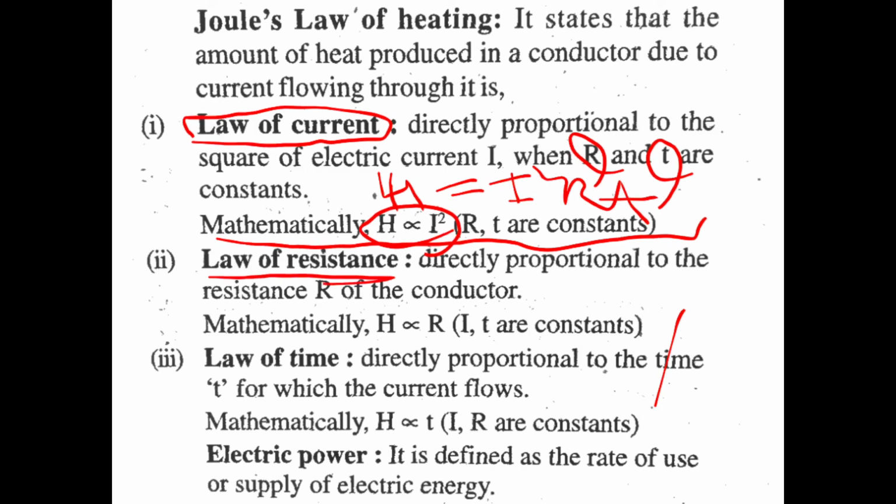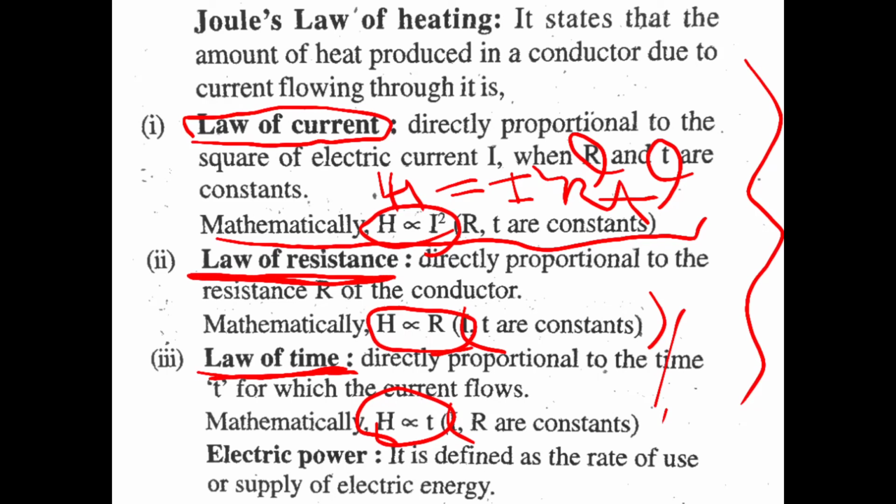Now taking the law of resistance, H is directly proportional to R, where I and t are constants. Similarly, H is directly proportional to t, where I and R are constant. This is all about Joule's law of heating.